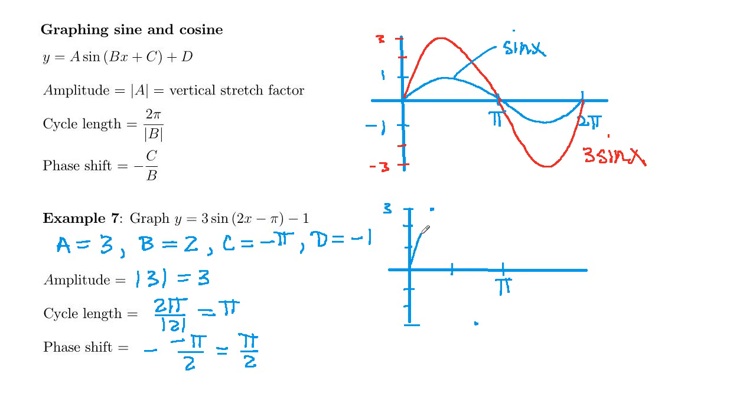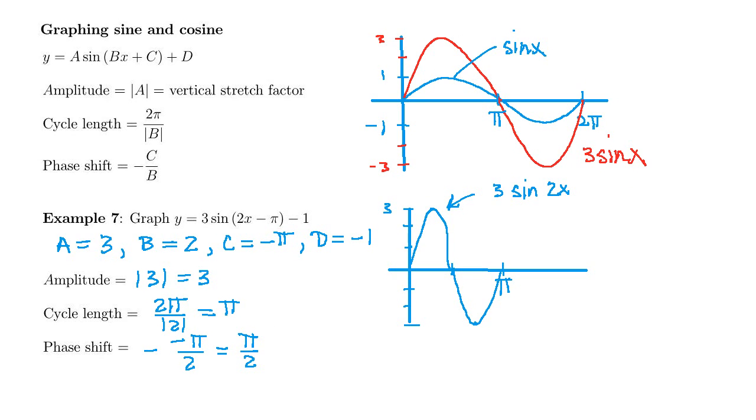So it looks something like this. So that is going to be the graph 3 sine 2x. And let's see, that's, yes, 3 sine 2x. So we made the cycle length adjustment. And now the phase shift plus pi over 2.